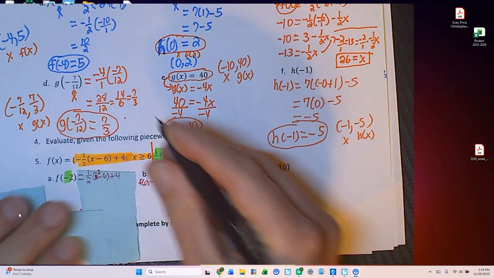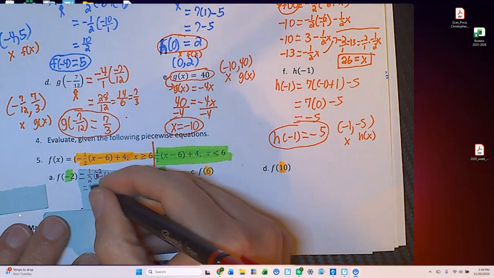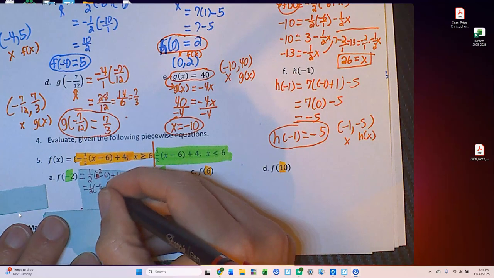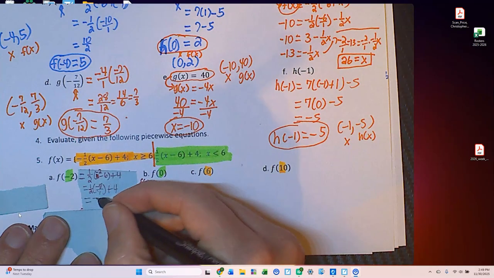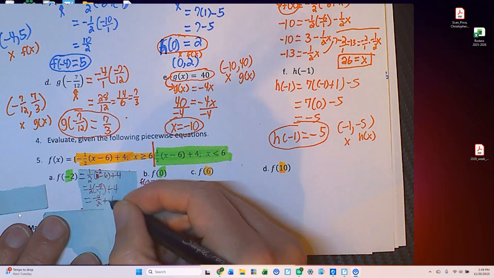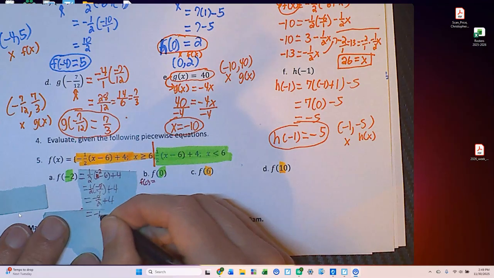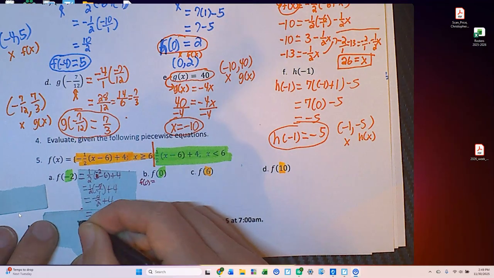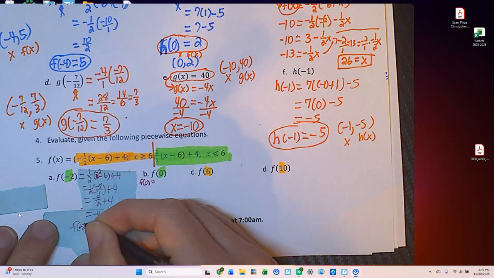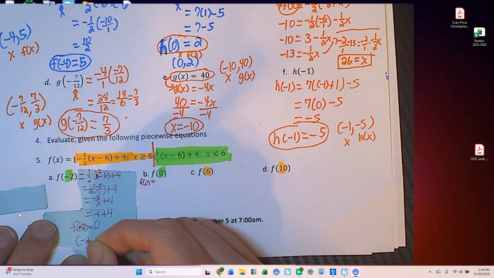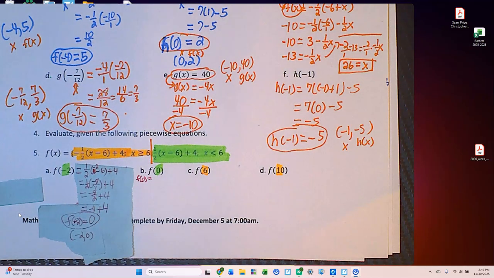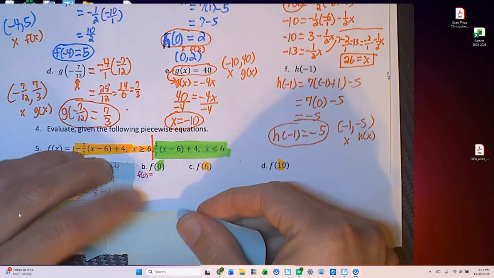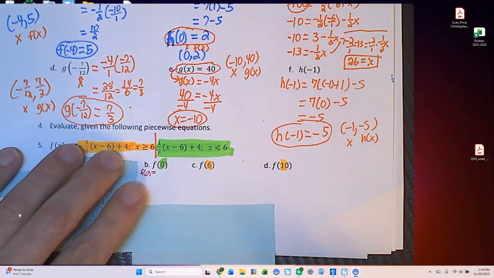All right, -2 minus 6, it's -8. So f of -2 is 0. That gives me more space.